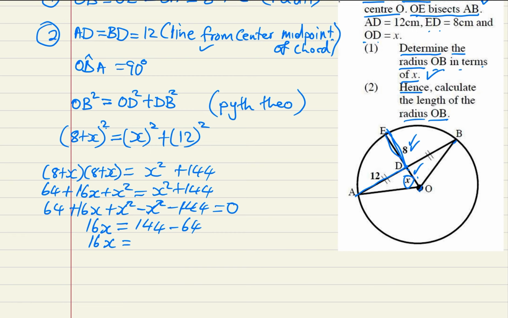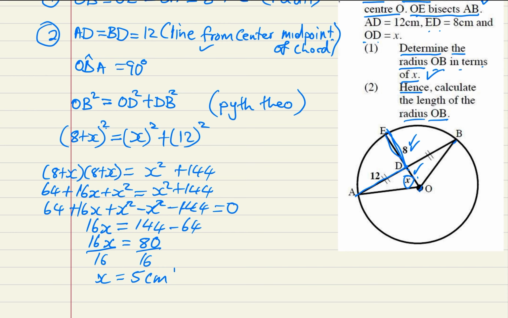If you don't know how to do it without a calculator, you go to your calculator straight. So 144 minus 64 will give us 80. Then we divide by 16 and divide by 16. You know that 80 divided by 16 will give us 5. So x is equals to 5 units or centimeters.